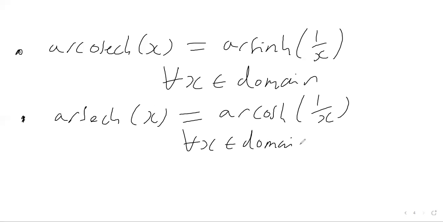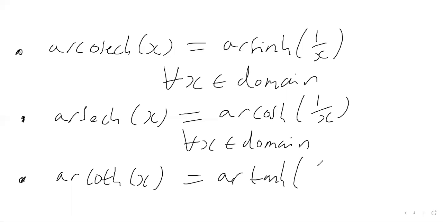And also what we found was the ARCOTH function is equal to the ARTANH function when we evaluate it at 1 over x, like so. Again, valid for all x values in that function's domain.